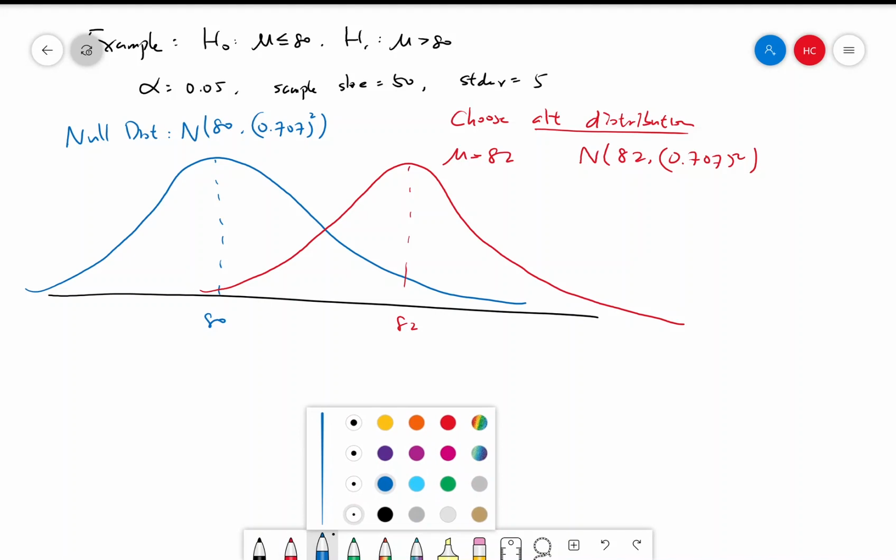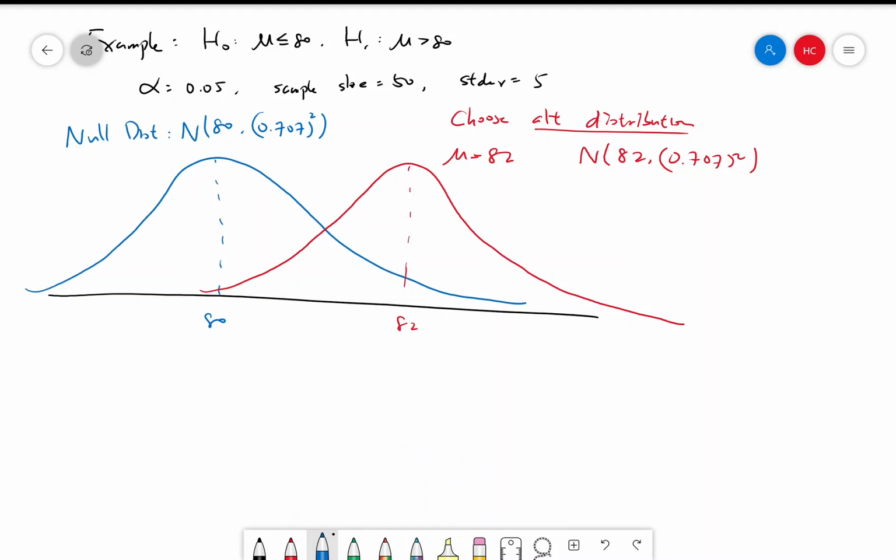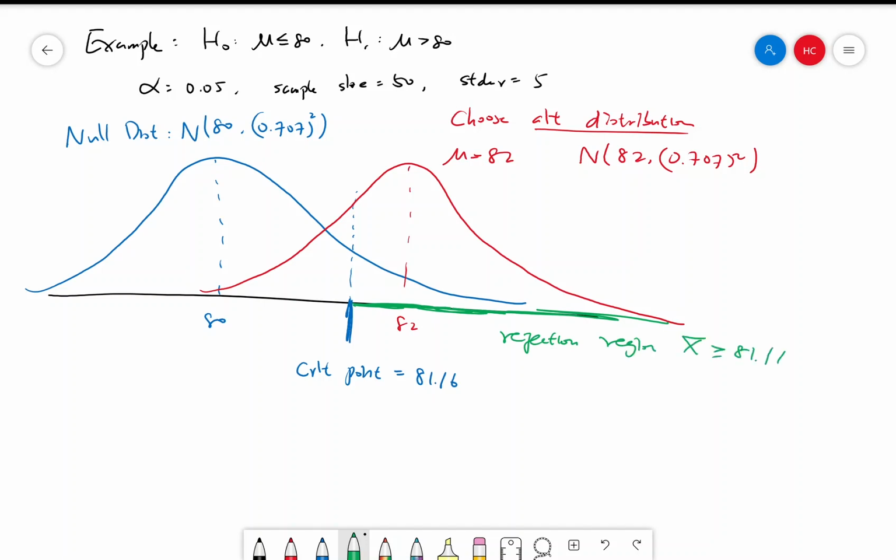Because the null distribution is the same, the critical point is still the same, about here, 81.16. So the rejection region is still this green part. But the power is different because the alternate distribution is different.